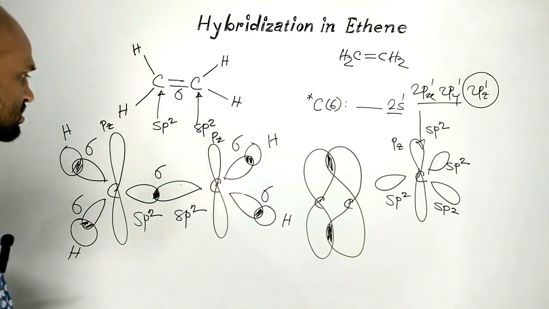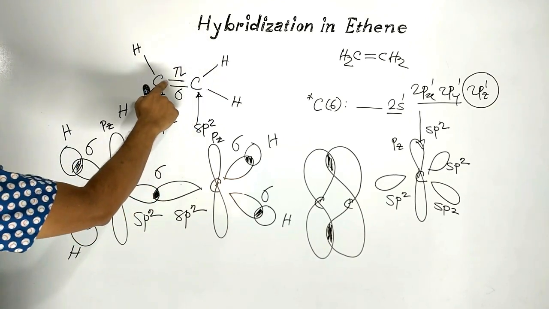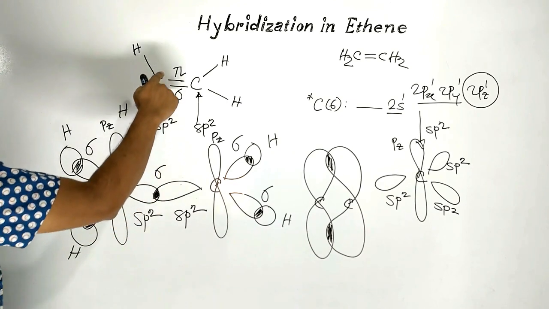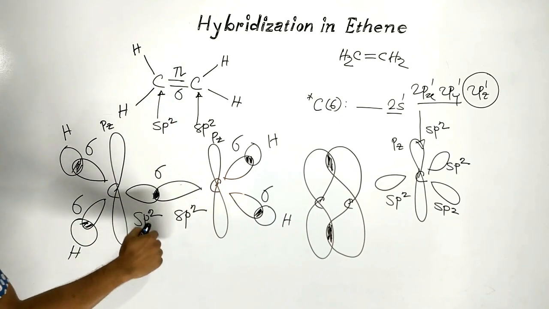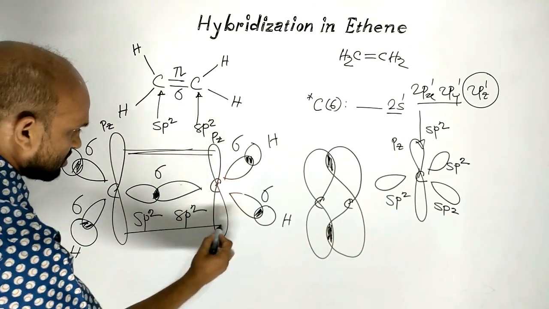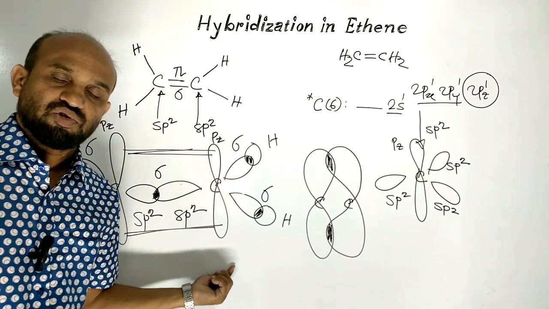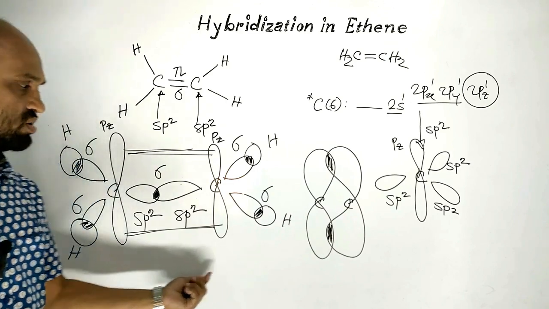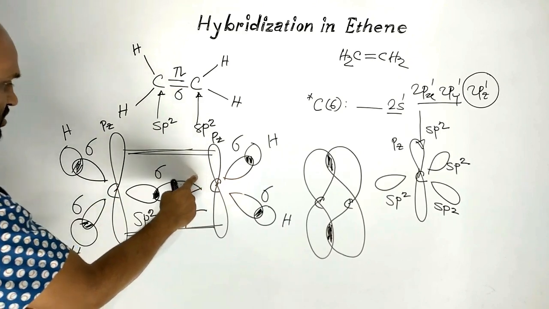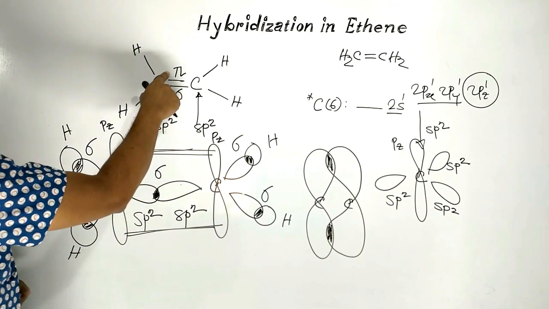As a result, another bond is formed, which is known as pi bond. Here, in this molecule, this pi bond formation can be shown in this way: pz orbital, pz orbital, attraction force, minimum overlap. The bond which is formed by sidewise overlap between two unhybridized orbitals is called pi bond.